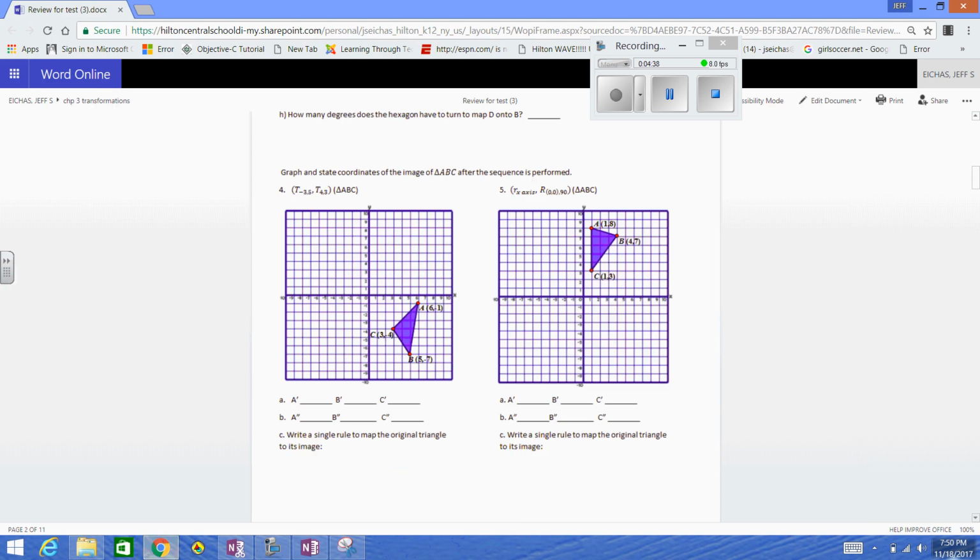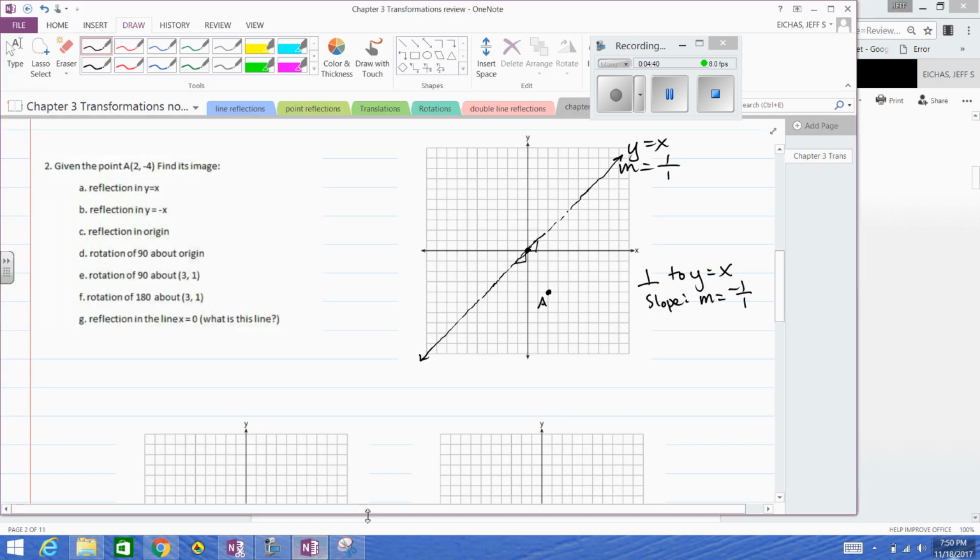So down one, right one, or up one, left one, and that's the path that A is going to travel on to be perpendicular to the mirror. So I teach my students, draw that path first. Okay, just draw the path. I'm going to go this way.